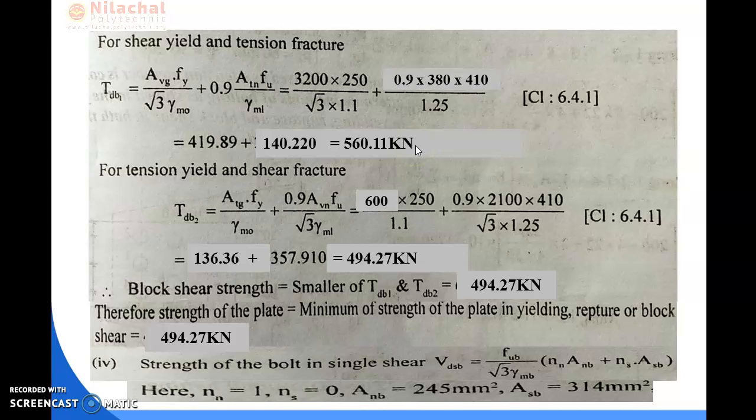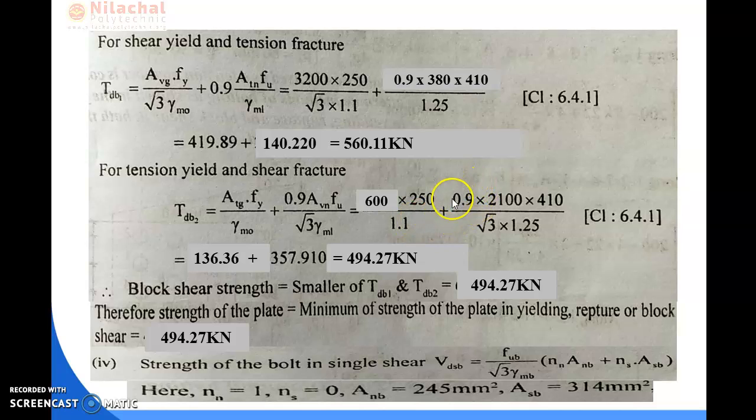So after that, we have to calculate TdB2, which formula is ATG Fy divided by gamma m0 plus 0.9 AVN Fu divided by root 3 gamma m1, which equal to ATG we got 600 mm square multiplied by Fy, which is 250, and gamma m0 is 1.1.